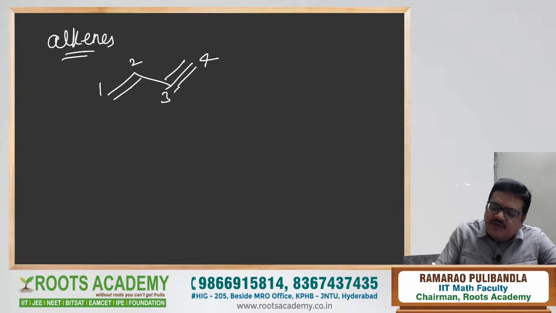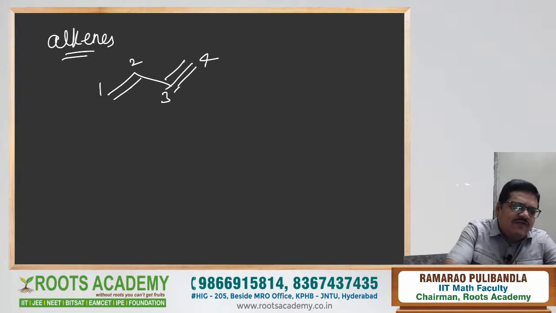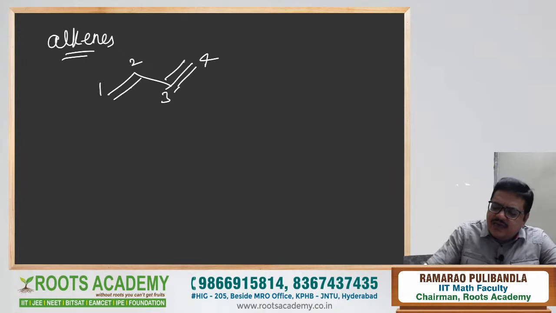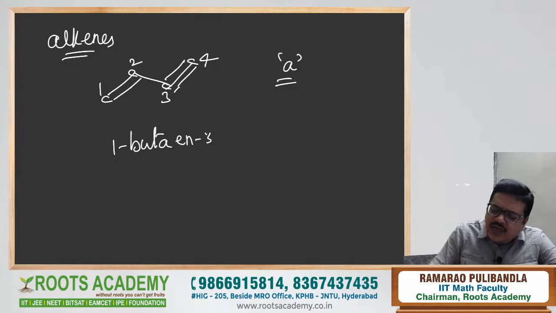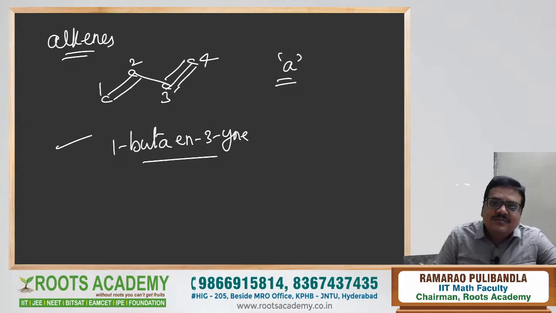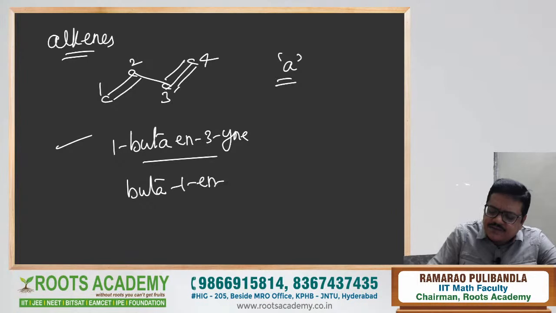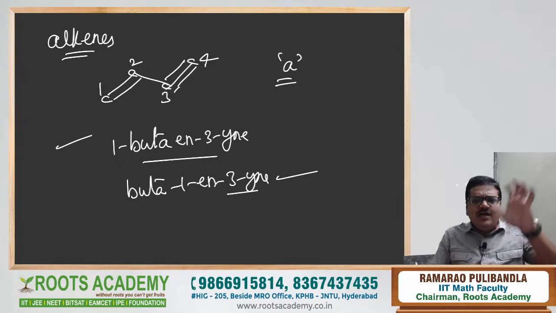So if more than one double bond is present, then we can use the word a. So 1, 2, 3, 4. So what are we saying now? Buta-1-ene-3-yne. Like that we can approach.